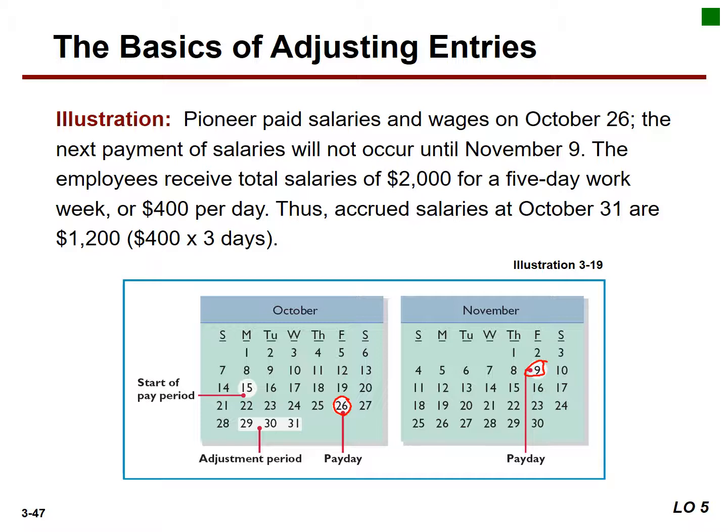That November the 9th payroll is actually going to include 3 days where work was done in the month of October. So we need to get these 3 days worth of salary and wages that our employees have earned into the proper time period, the month of October, and that's going to amount to $1,200, because if our total salaries are $2,000 for a 5-day work week, that's $400 per day, so 3 days worth is going to be this $1,200.